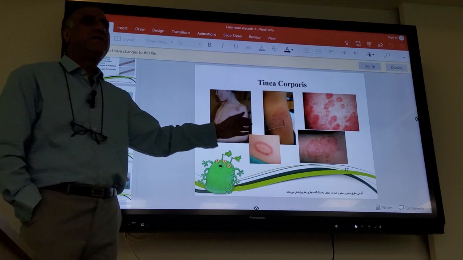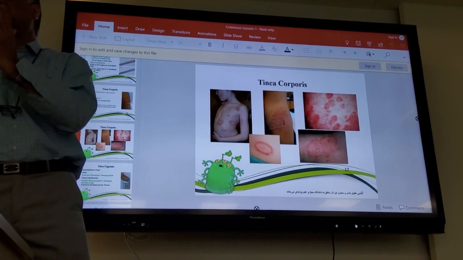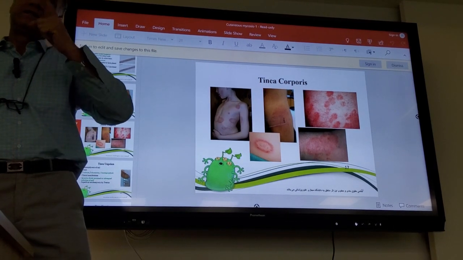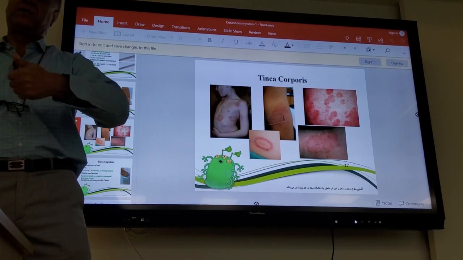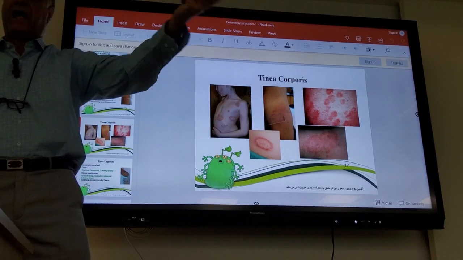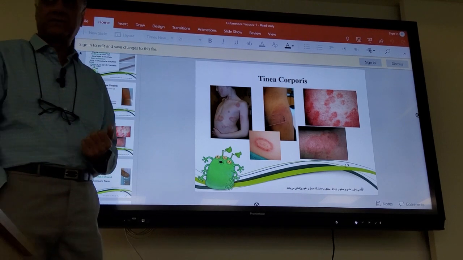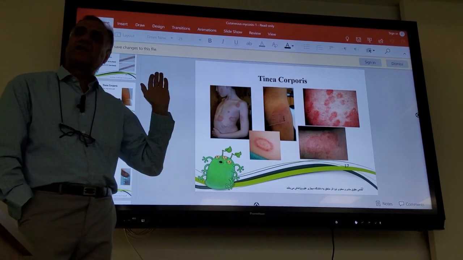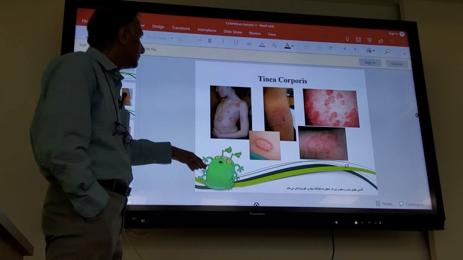For dermatophytosis, for differential diagnosis, you must suspect it from clinical signs and refer the patient to the laboratory, take the answer and report, and decide from it, like tinea capitis that I explained to you before.